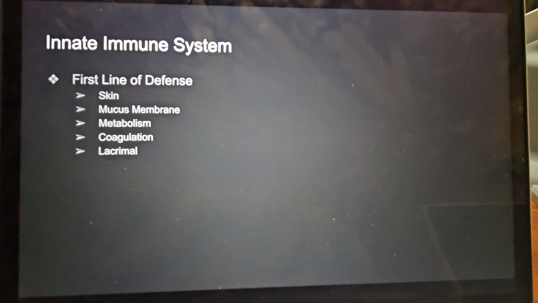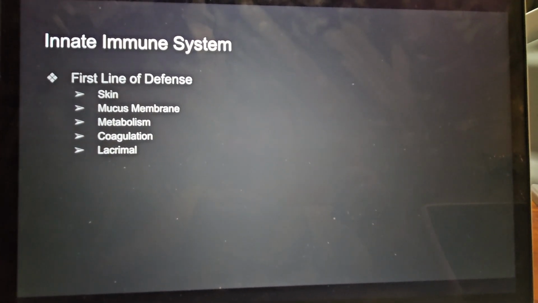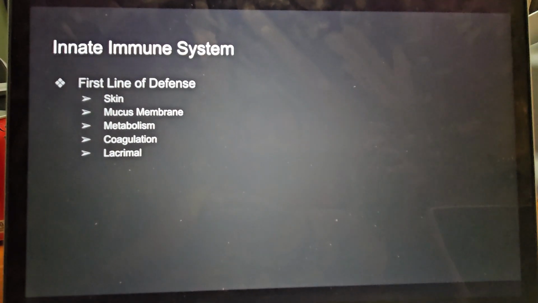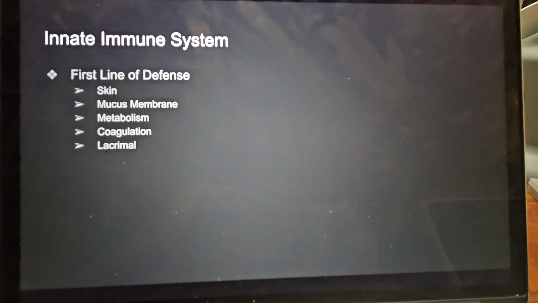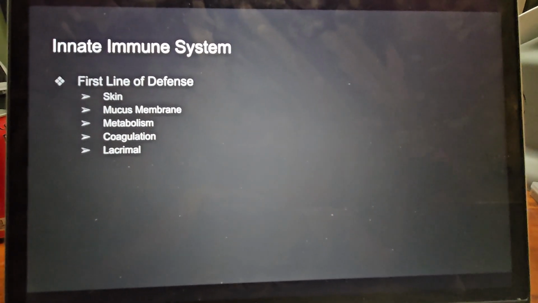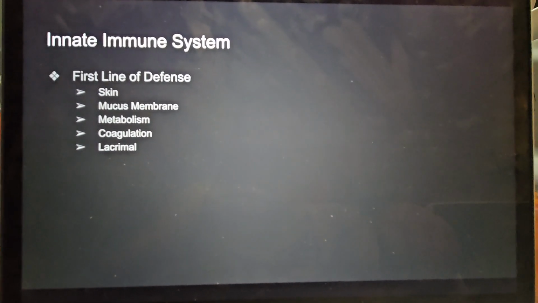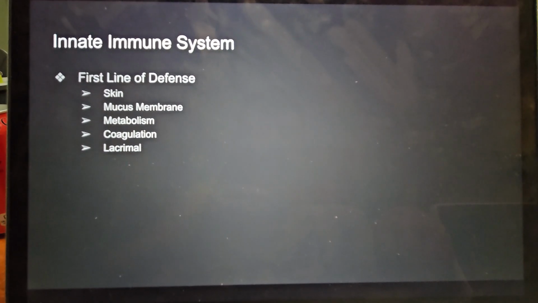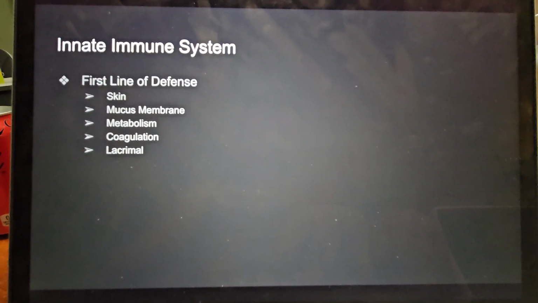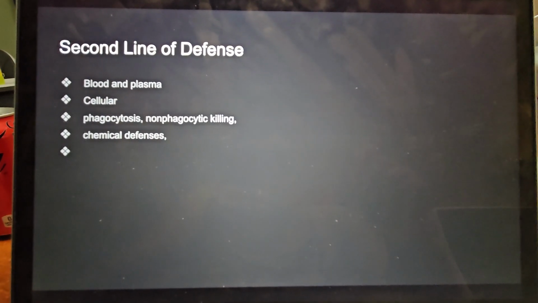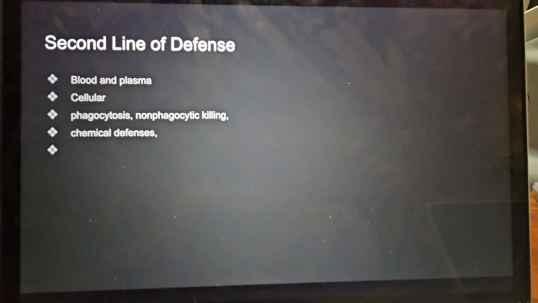The lacrimal glands are your tear ducts, and they are used to remove irritants in the eyes and around the eyes as well. So that is also good for that.